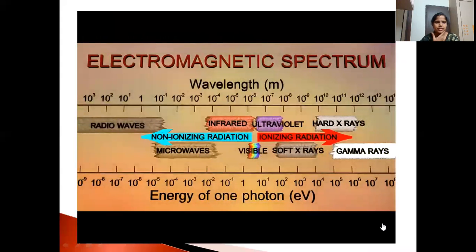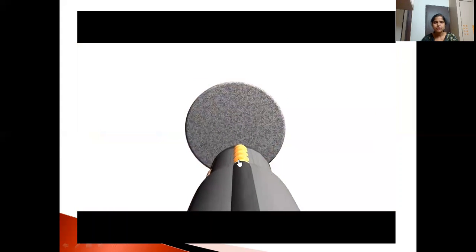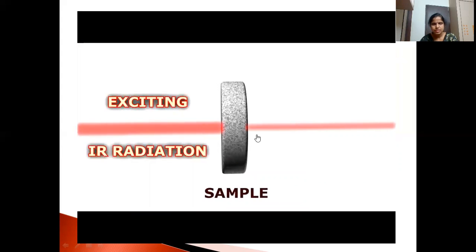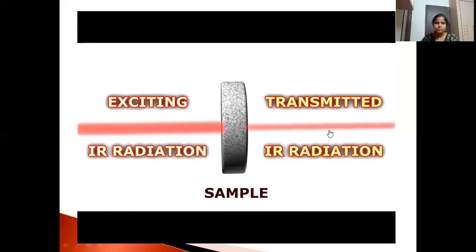Now we'll recall all the points we have studied till now. In IR spectroscopy, the radiations used are IR radiations. When they pass onto the sample, some of the light is transmitted out.